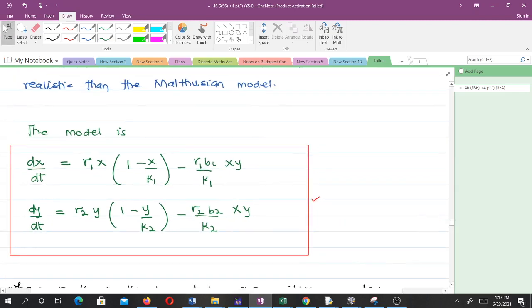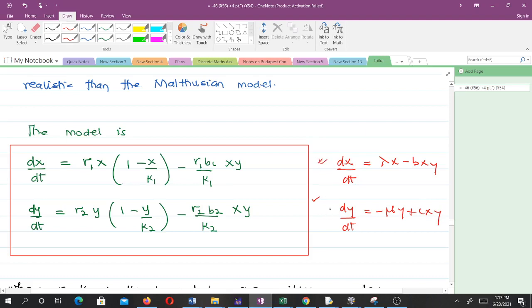So let's take that here and let's see how we get the competition model from it. If you could recall, this was the predator prey model. So you realize that this is for the prey and this is for the predators.